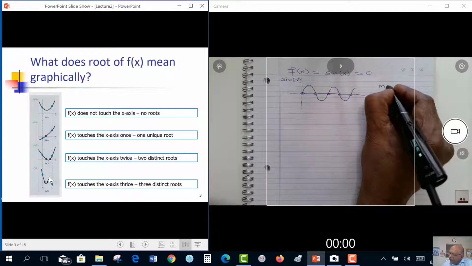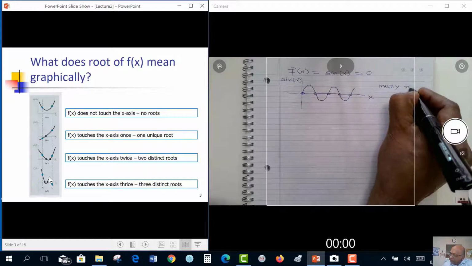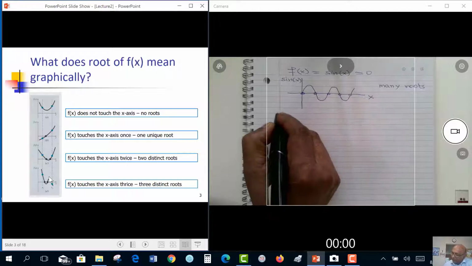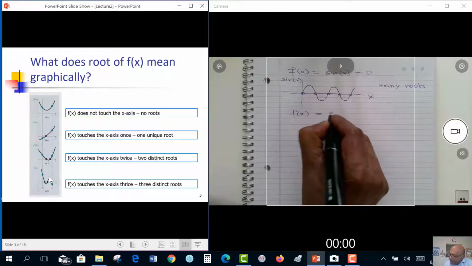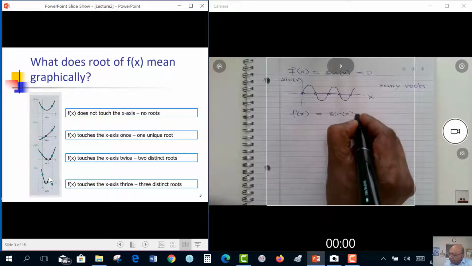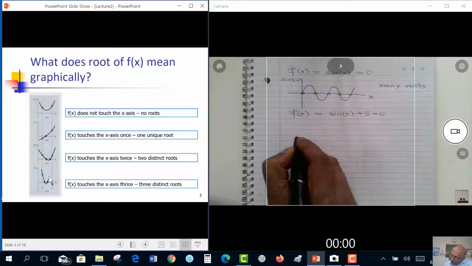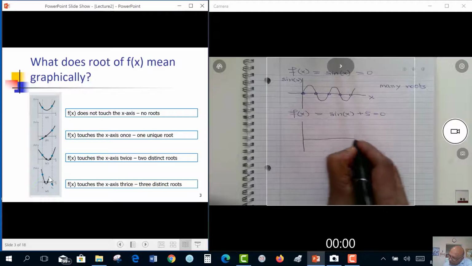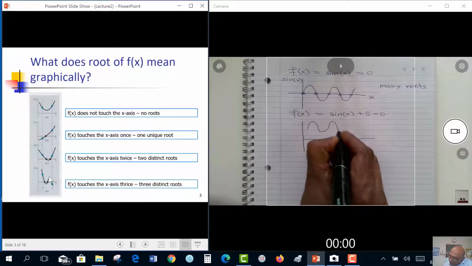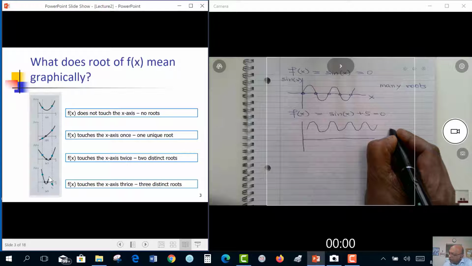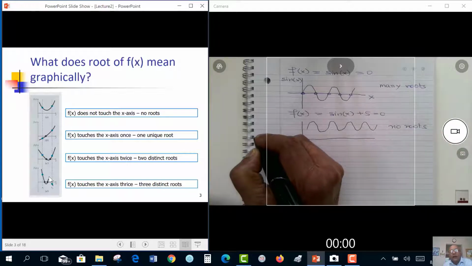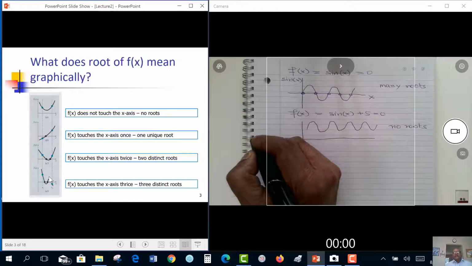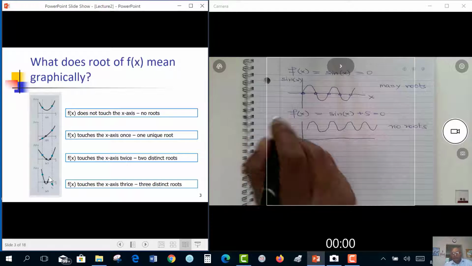So it has many, in fact, infinite number of roots. Let's change the function. If we change the function to say sin x plus 5, this entire function moves up by 5 units. So now it has no roots. So you can see that it depends on the function. We may have different situations.